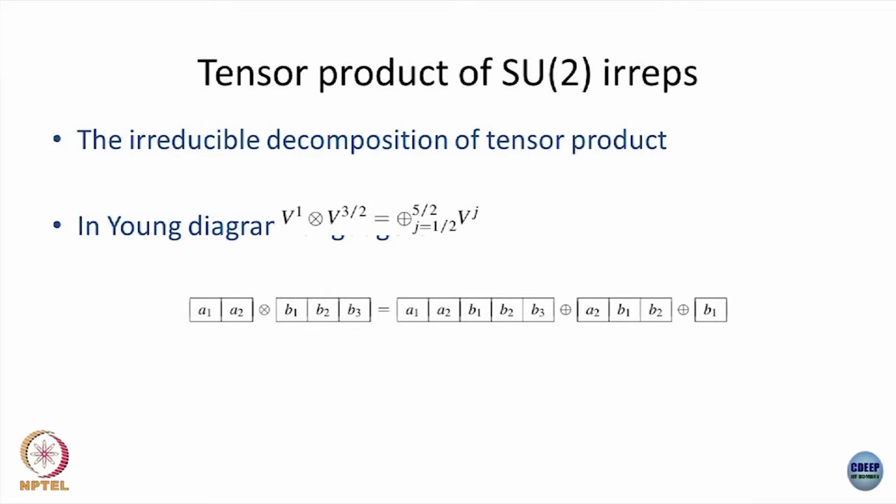So these are the 3 diagrams allowed for SU2, and which one is spin 5 by 2 in this diagram? The one which has 5 boxes corresponds to the spin 5 by 2 representation. The one with 3 boxes, after removing the trivial representation, the 2 box became trivial. Here you can make a 4 box trivial and remove it, and you get this. Is this clear?